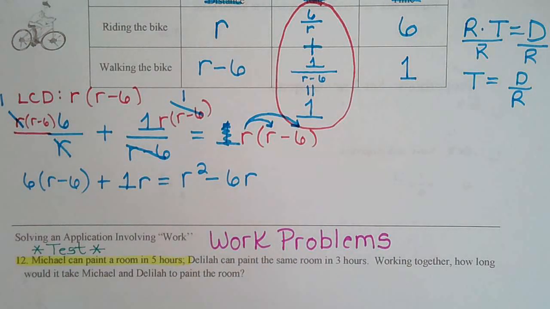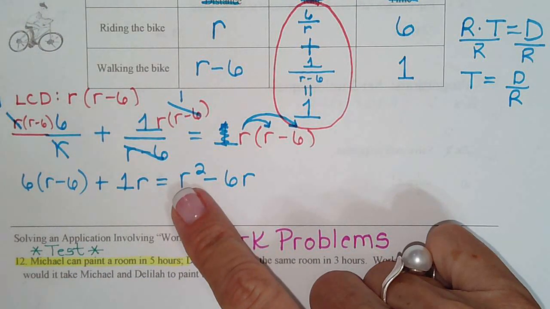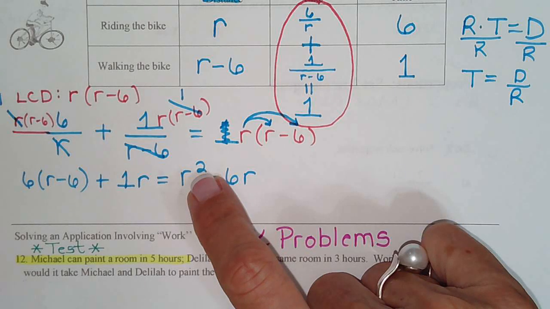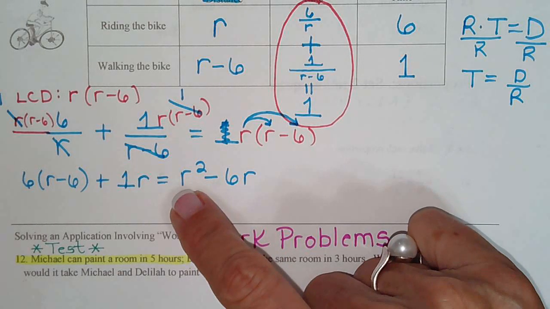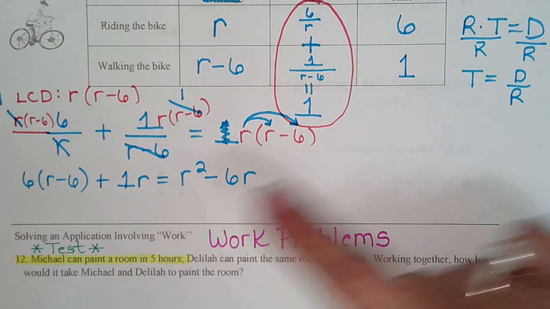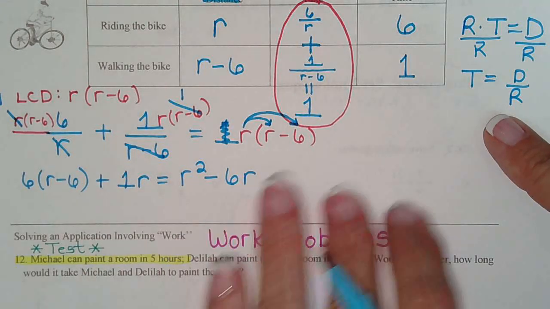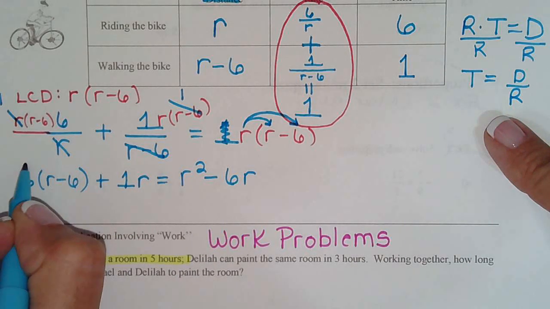And right away your antenna should go up and you should say, oh, this is a quadratic. We learned about these in chapter 4. Whenever you have a quadratic, power of 2, the equation must be set equal to 0. And we always want to keep the R squared positive. So let's go ahead and distribute, combine like terms, and then we'll bring these over here to keep that R squared positive.